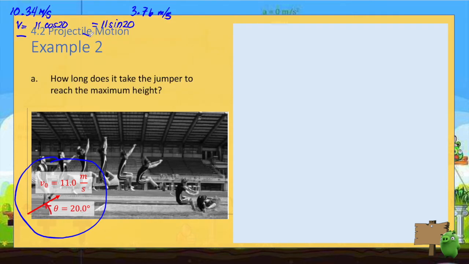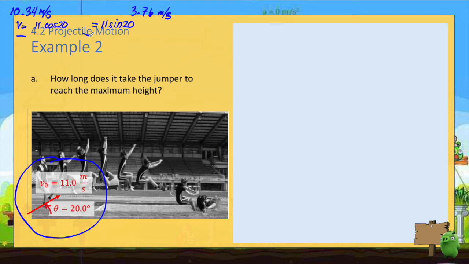So if you solve this, you will get 10.34, and you will get 3.76 here, meters per second. Okay, so we have now the x component and the y component.